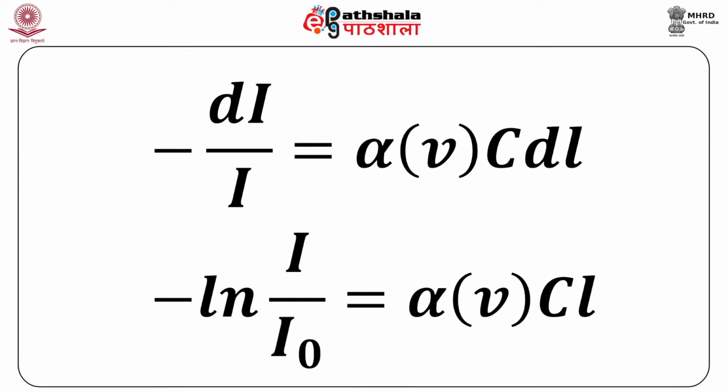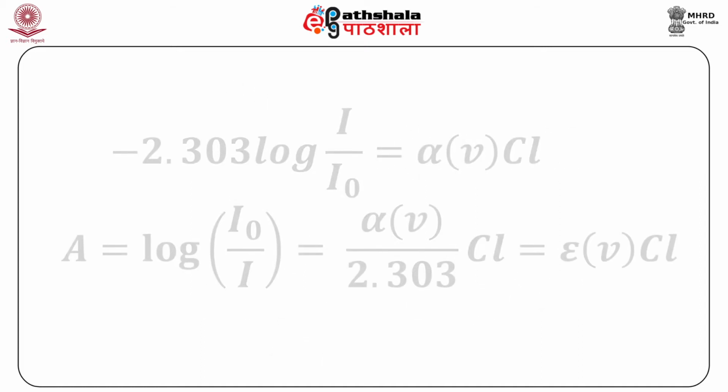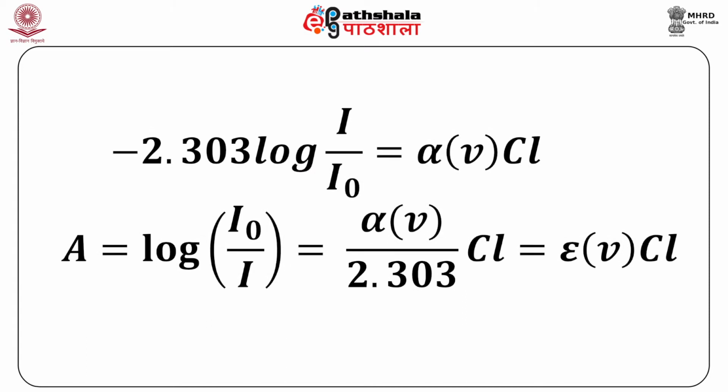Now this is ln, which is natural log, but as you know, we normally prefer log to the base 10. So what you do is you use that factor 2.303, so that log I by I0 is equal to alpha nu divided by 2.303 into CL, and this particular quantity A, which is equal to log I0 by I, is called the absorbance.